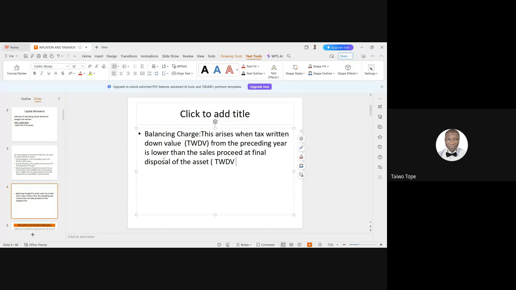Tax written down value is less than the sales proceed. So in this case, what will be the effect of tax? The result will be taxable. In case of balancing charge, there will be payment of tax. In case of balancing allowance, what will happen? There will be tax shield.